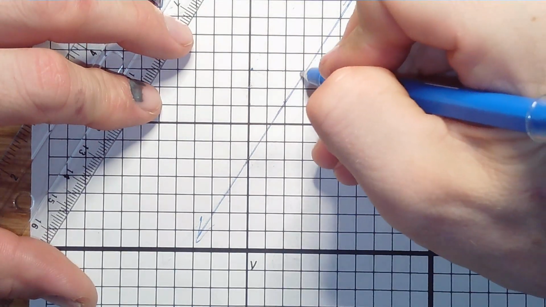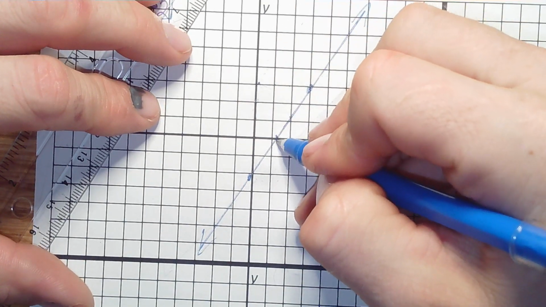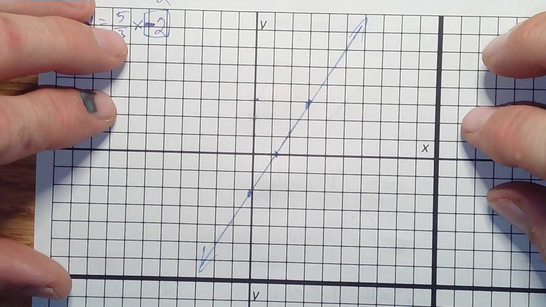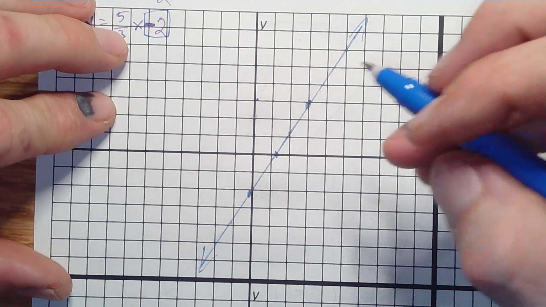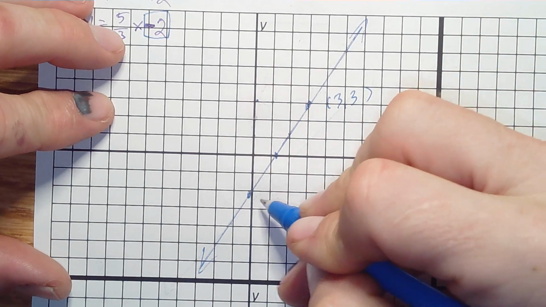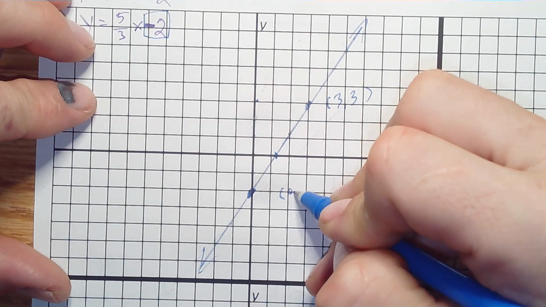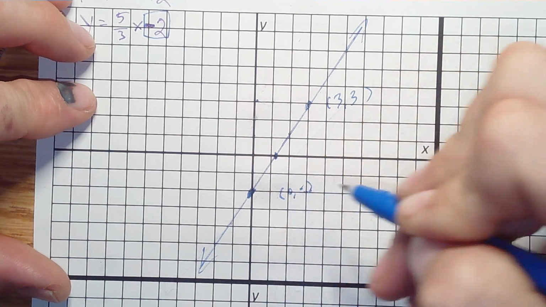It actually intercepts there and there. Now my x-intercept is right there, but it's not exactly clear to me what that is. This point is 3 comma 3, and this point is 0 comma negative 2.